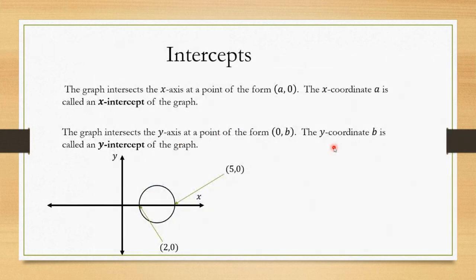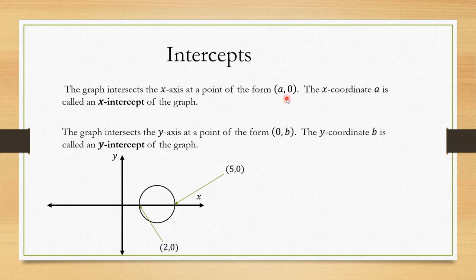Okay. Here's some more terminology, actually. This comes up as well. We have this notion of intercepts. We have what's called the x-intercept and the y-intercept. Basically, what can happen is this. The graph can intersect the x-axis, right? But when it does, it's going to intersect it at a point of this form.